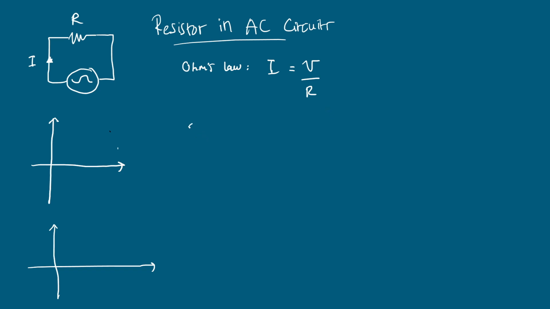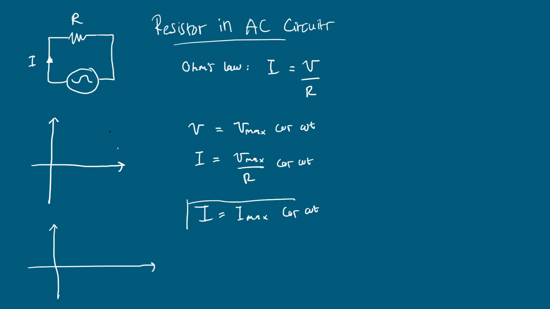Previously we know that V is equal to Vmax cosine omega t, and now we divide both by R, so we have I here, then Vmax divided by R is equal to I max, so I equals I max cosine omega t.